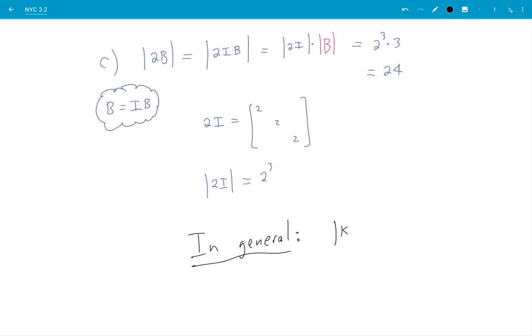If you have a number times a matrix, you can move that number out. But you have to put, so the number 2 came out, but then I had this exponent, which is the number of rows or columns.